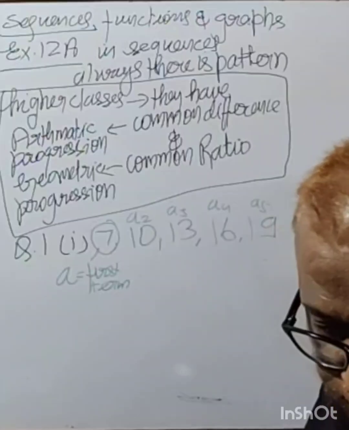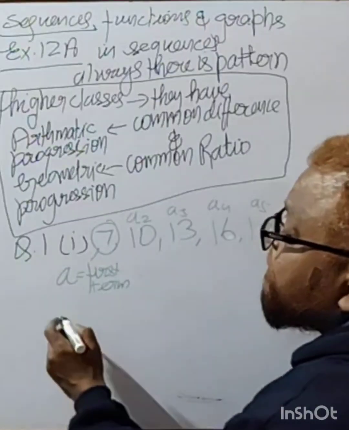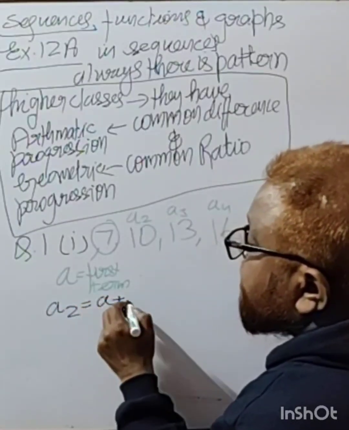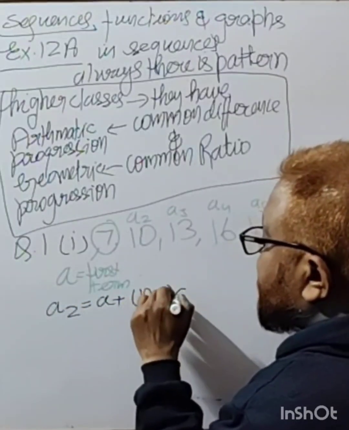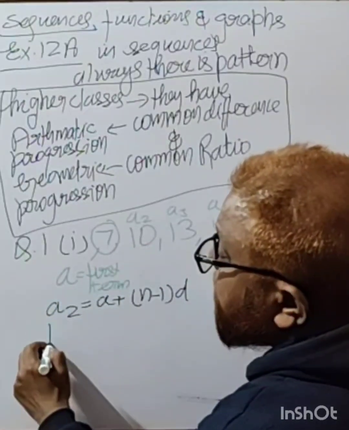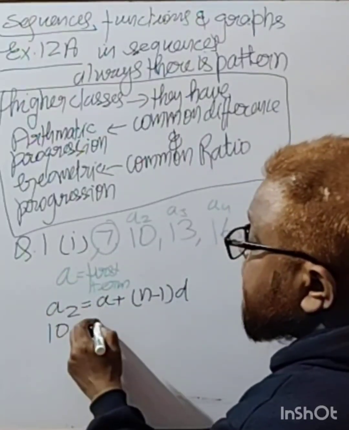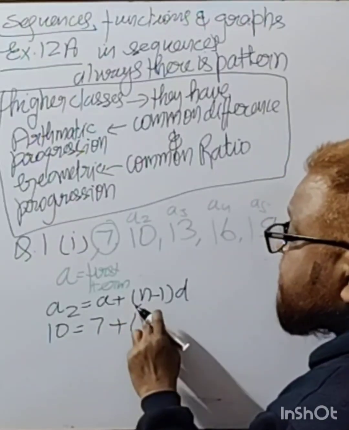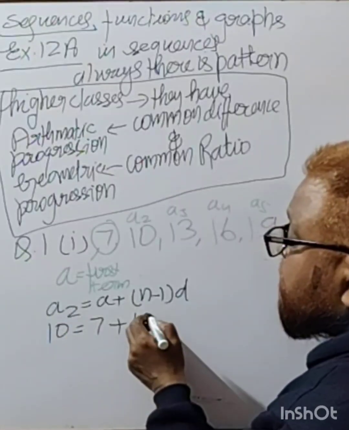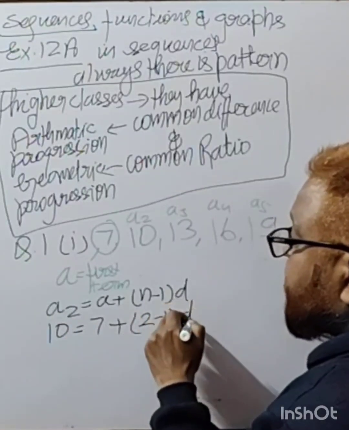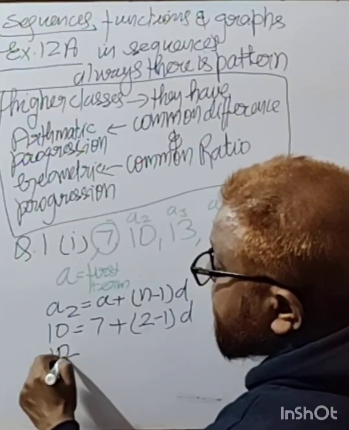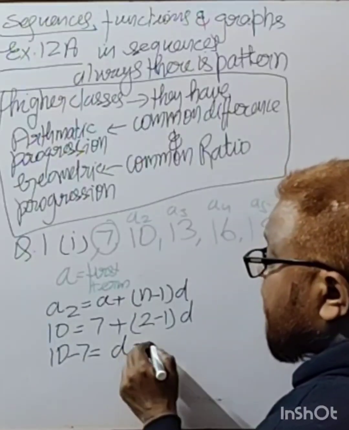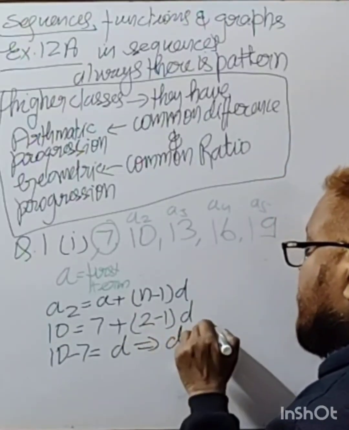So if I go A2 is equal to A plus n minus 1 into D. So A2 is 10 is equal to A, which is 7, plus n, the second term, so 2 minus 1 into D. So we get 10 minus 7 is equal to D. So D is equal to 3.